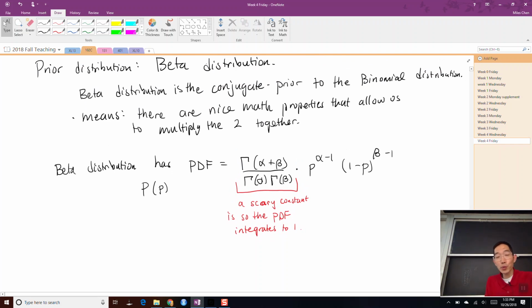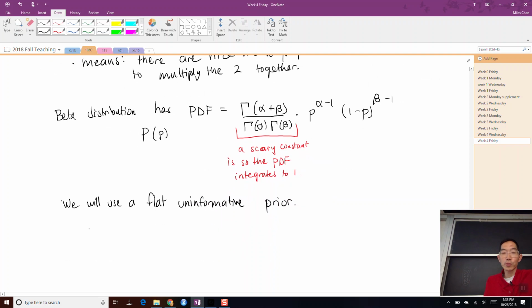So prior to looking at our data, for our prior beliefs, we're going to use a flat, uninformative prior. This just means that before we look into our bag, we're open to the possibility that the proportion red is anything from 0% to 100%, because we don't actually know.